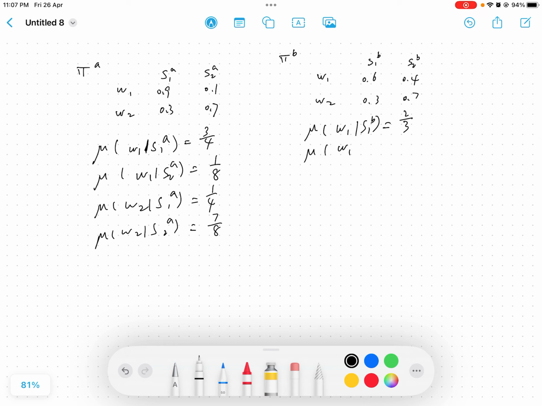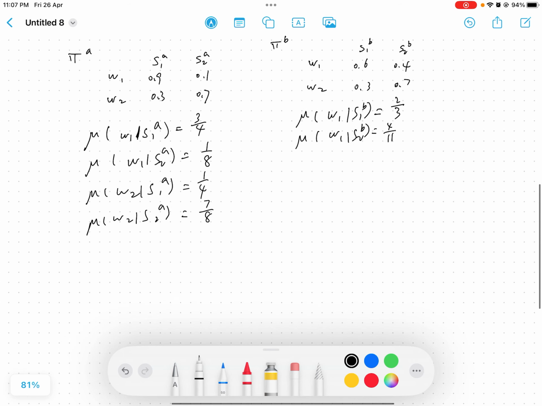Mu of omega 1 S2b is 4/11. Those are calculated by using the Bayes rule. Mu omega 2 S1b is 1/3. Mu omega 2 S2b is 7/11.